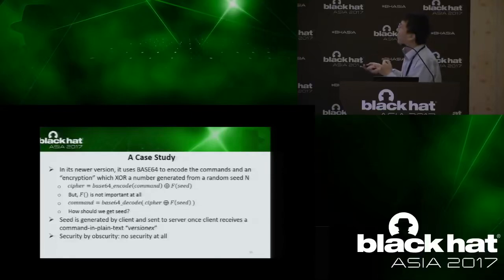Because you know XOR has some features. If you XOR the same thing, it becomes nothing, right? So basically, if the client wants to invoke that proxy, it needs to encode the command in this way, and then the proxy will decode the command.